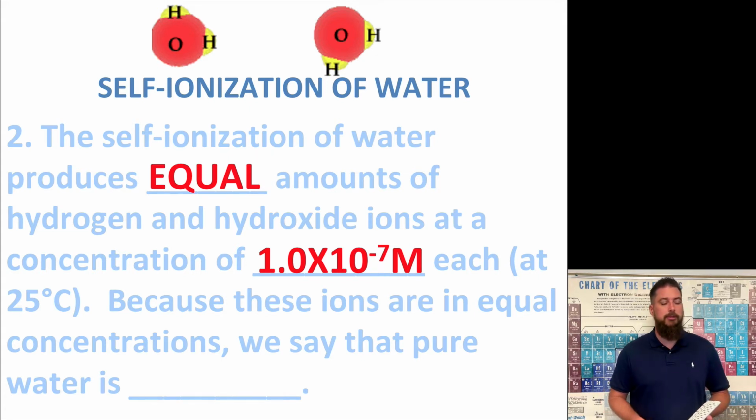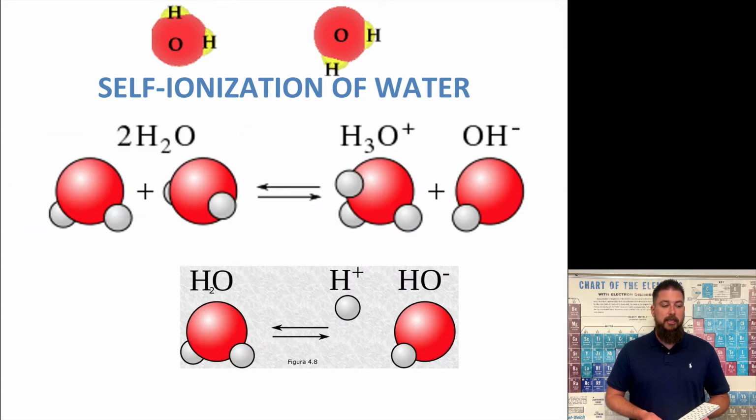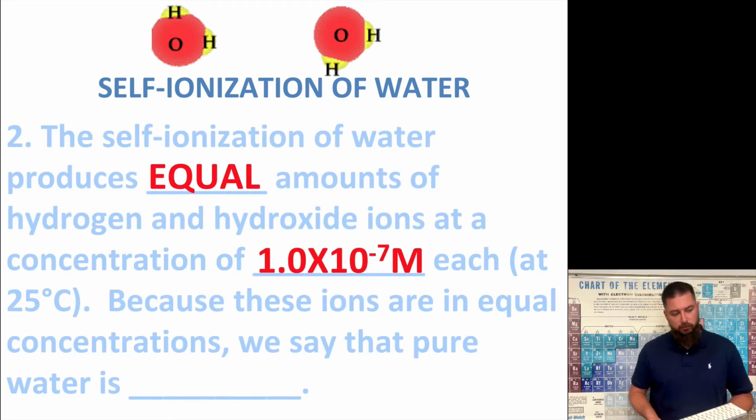That's a really, really small number, 0.0000001, with 6 zeros after the decimal point before the 1. I'm going to go back here because, again, notice how one water molecule will produce one hydrogen ion and one hydroxide ion, and so you have equal amounts of hydronium and hydroxide in pure water.